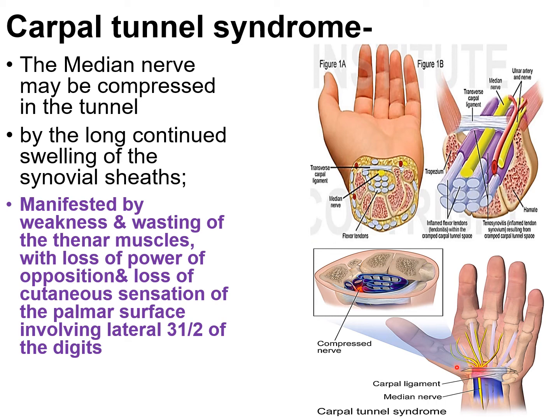There may be wasting of thenar muscles supplied by the median nerve. The pain may be relieved by the nocturnal splinting of the wrist in slight dorsiflexion. In severe and resistant cases, it may require division of the flexor retinaculum.